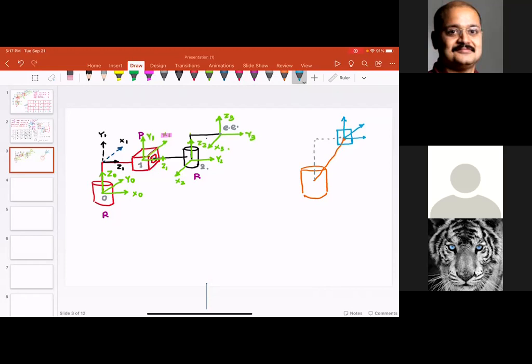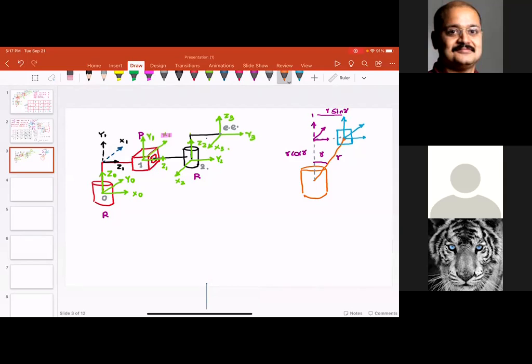You can use the same trick. You can translate the frame here and solve the arm. It will give you the exact same answer. Only thing is this angle will be given to you. If I call this angle gamma, then you are going to have R cosine gamma and R sine gamma as your distances. But the problem would still work.